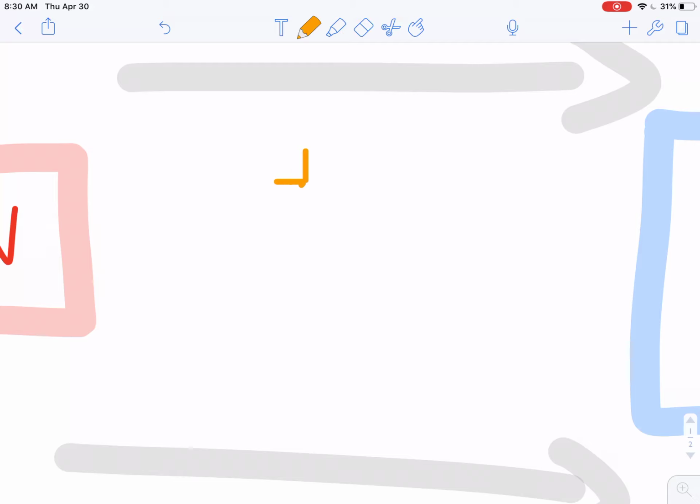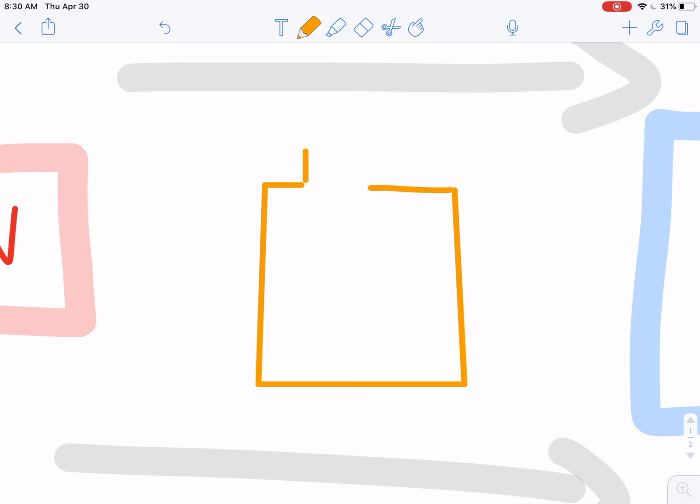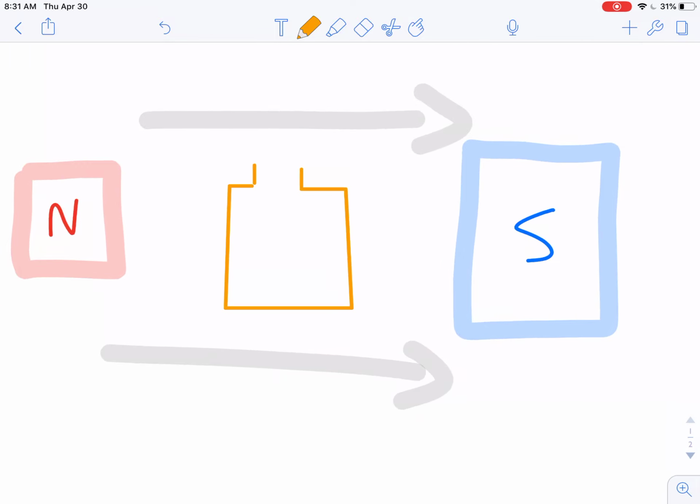Here, comes out, comes here, goes like this. Okay, so we have our armature.